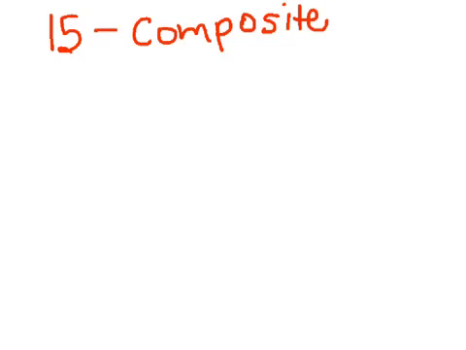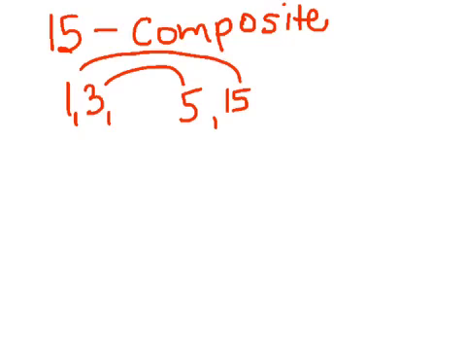Did you say it was prime or composite? If you said composite, you are correct. How do we know? We know it's composite because it has the factors 1 and 15, as well as 3 and 5. So there are two ways to get 15.